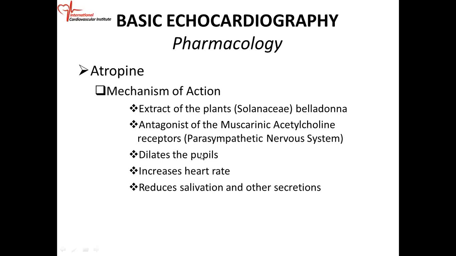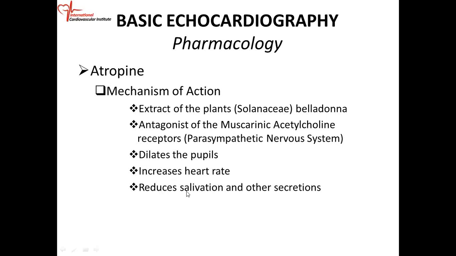Atropine dilates the pupils. When you go to the ophthalmologist, sometimes they use atropine to dilate the pupil to look at the back of the eyes. Again, we use it to increase the heart rate, and that's what we want, especially when you're doing a stress test, or if the patient develops a vagal response in the cath lab.